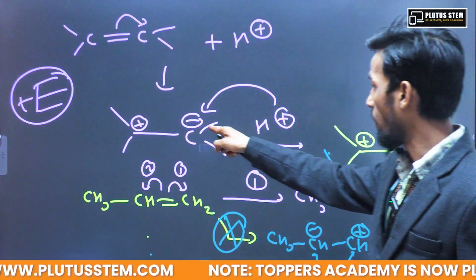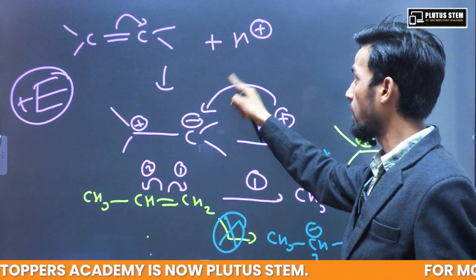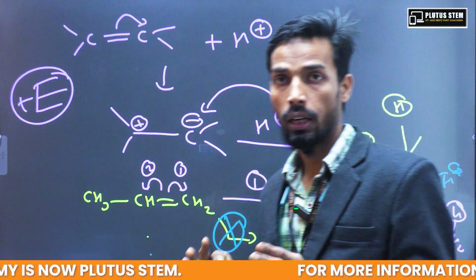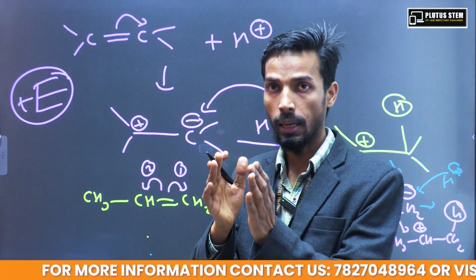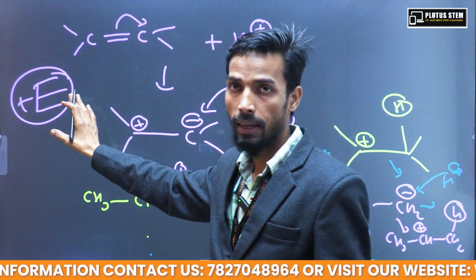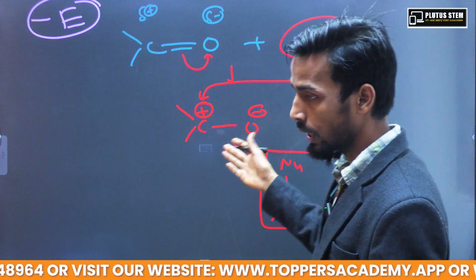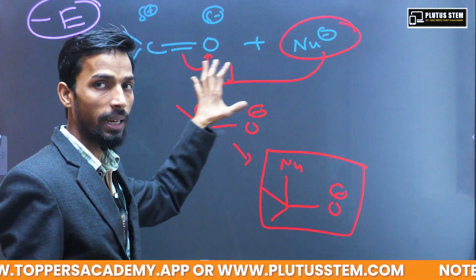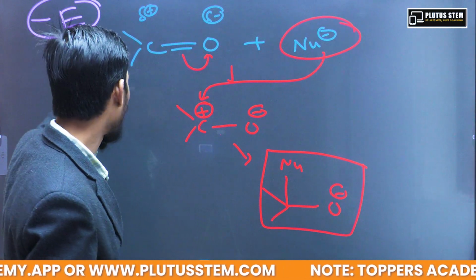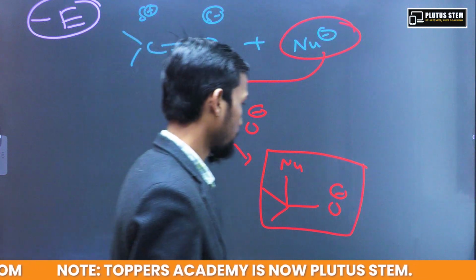In the earlier case, at which position the electron pair was shifting, at that center this H was attacking or the reagent was attacking. So if both the things are on the same pathway, then it is termed as plus E effect. And if the electron movement is on another atom and the upcoming reagent is coming at another position, then this type of effect is termed as minus E effect.